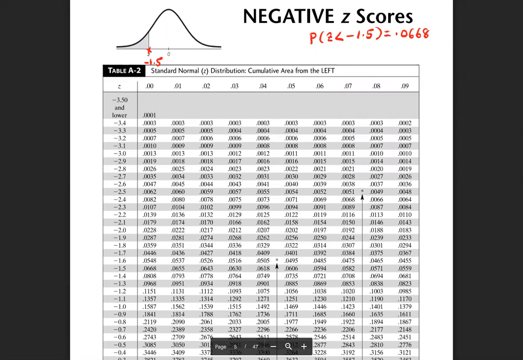I want you to participate and try. What is the probability of Z greater than negative 1.5? Z less than negative 1.5 is this area, so I'm looking for this area. Everybody, please try it.